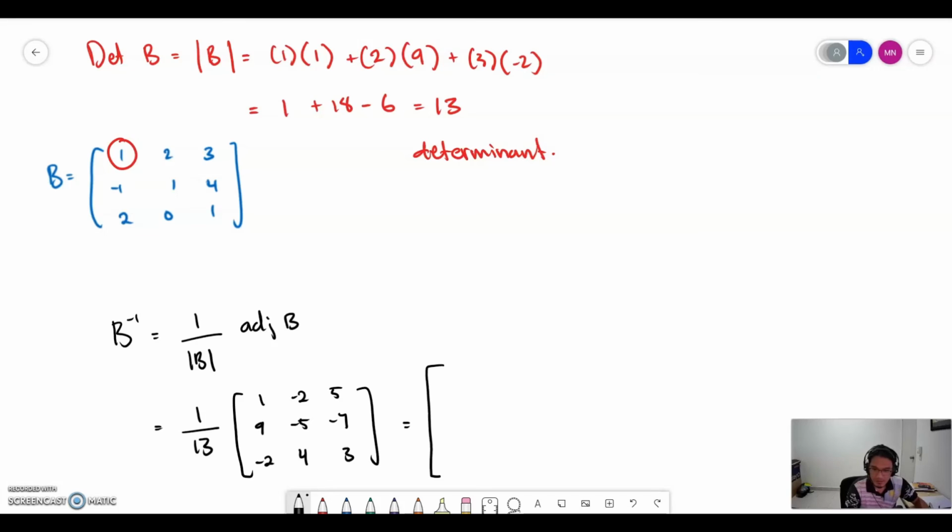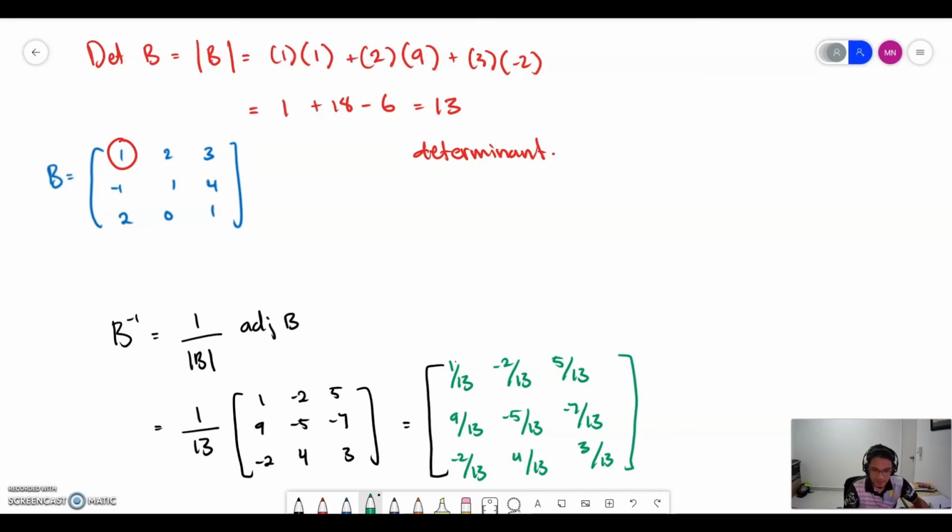You multiply, it becomes a scalar multiplication. So then we have 1 over 13, negative 2 over 13, 5 over 13, 9 over 13, negative 5 over 13, negative 7 over 13, negative 2 over 13, 4 over 13, and 3 over 13. So this is the inverse for matrix B.